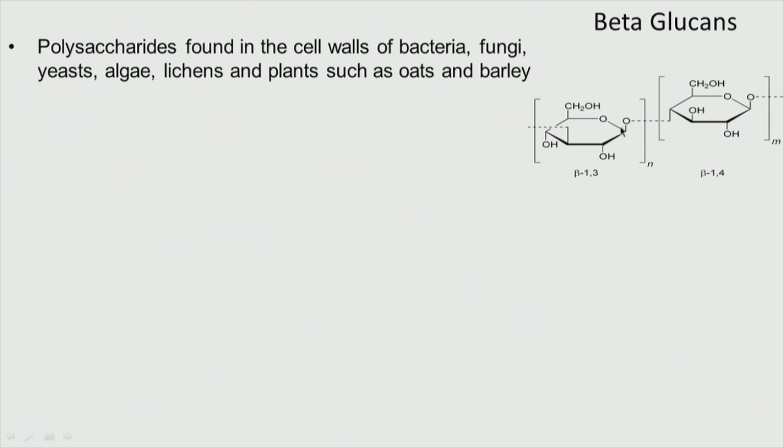We can have beta 1,3 or we can have beta 1,4. So different types of beta glucans are possible. If you have this bond 1, 2, 3, 4, that is 1,4, or we can have the beta 1,3, that means 1, 2, 3. So different types of combinations are possible.